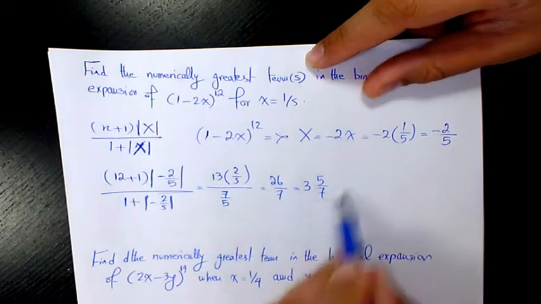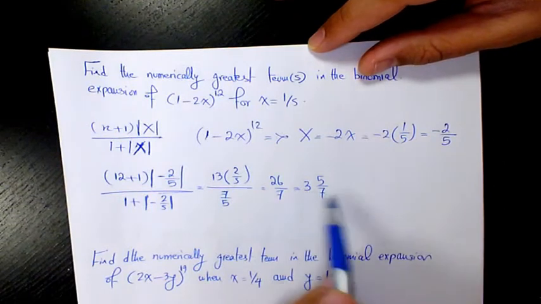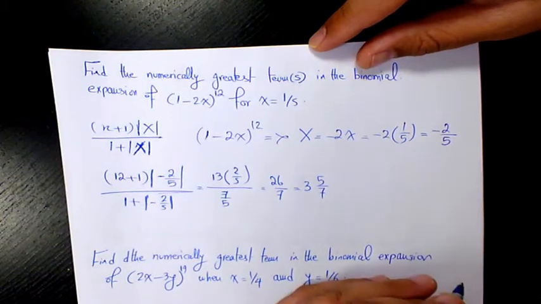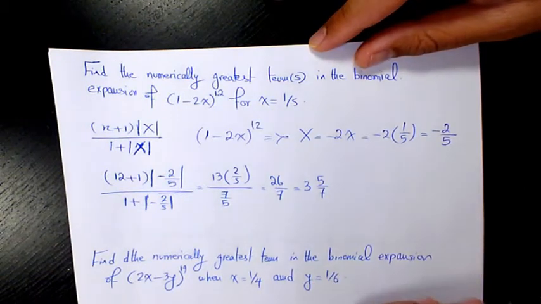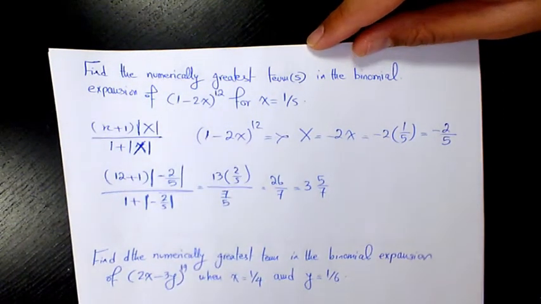So it is not an integer, but the integral part is 3. It means that the fourth term is going to be the greatest term, or T4 is the numerically greatest term in the expansion of (1 - 2x)^12.